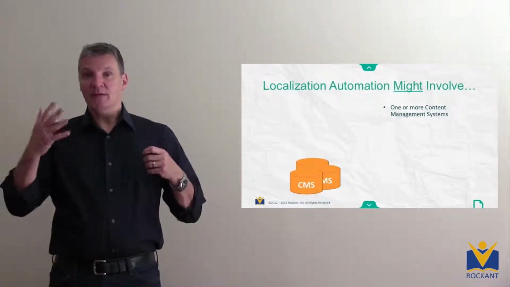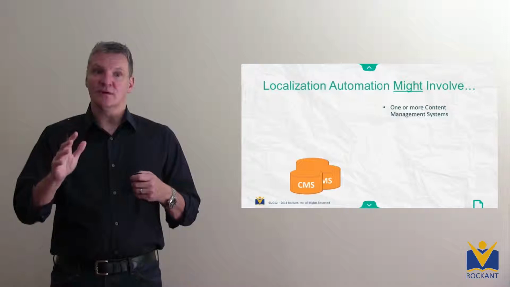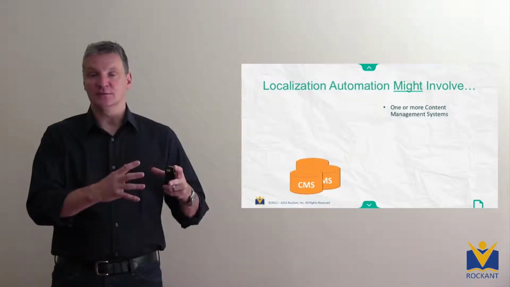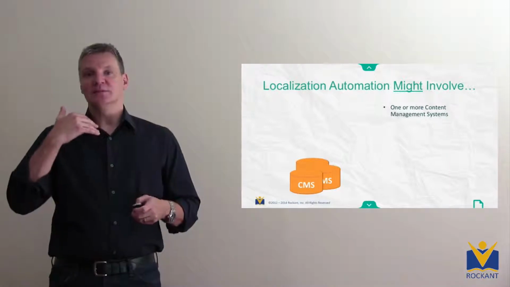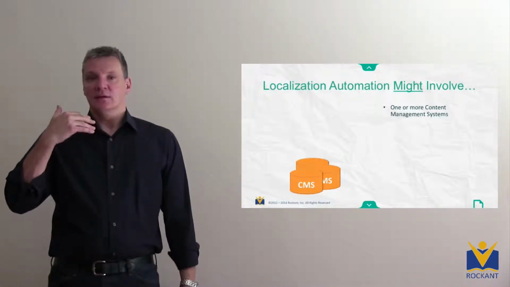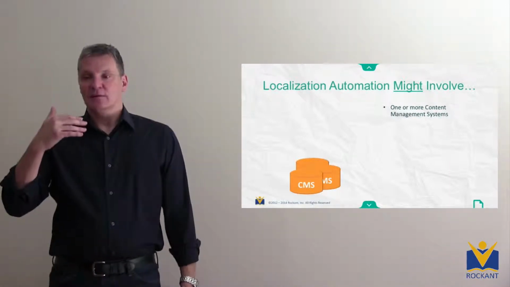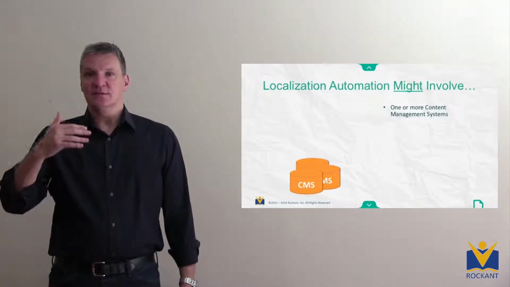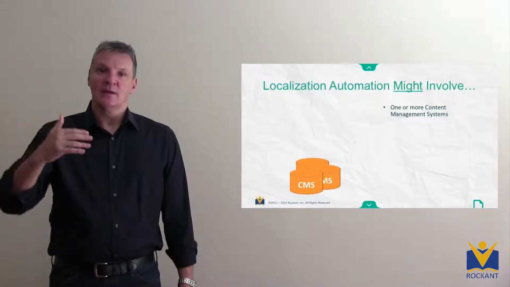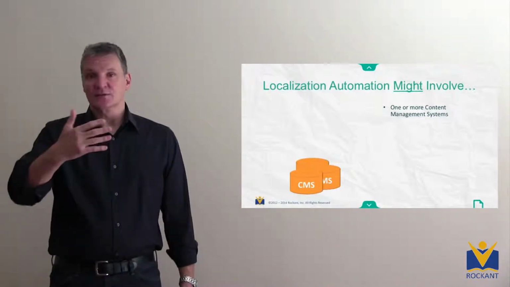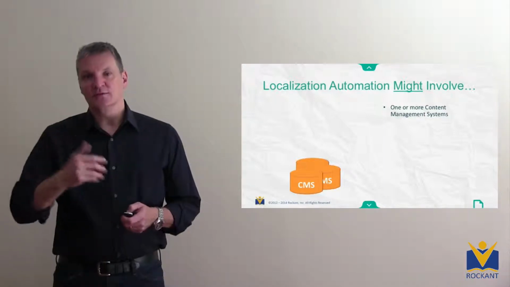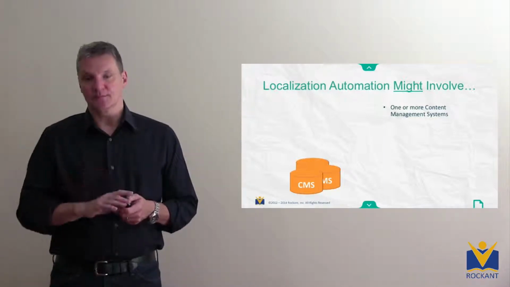Localization automation might involve, it doesn't have to, but it might involve one or more content management systems. That's where you store all of your content. A content management system is there to store the content, support the creation of the content, and publish the content on the web. It also has some workflows for content authorization and publishing.